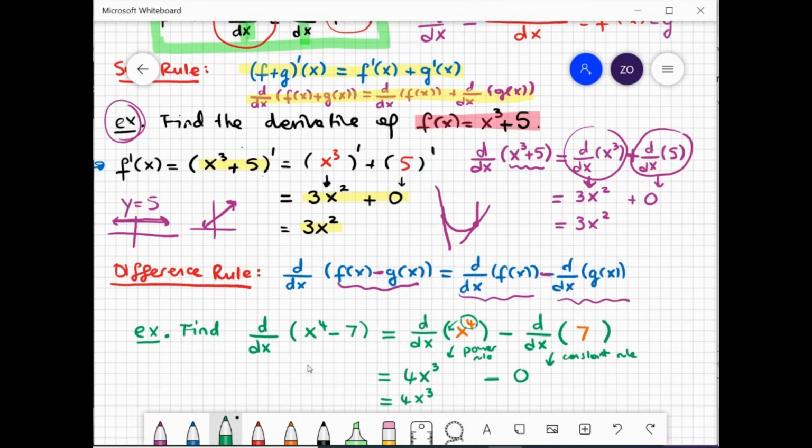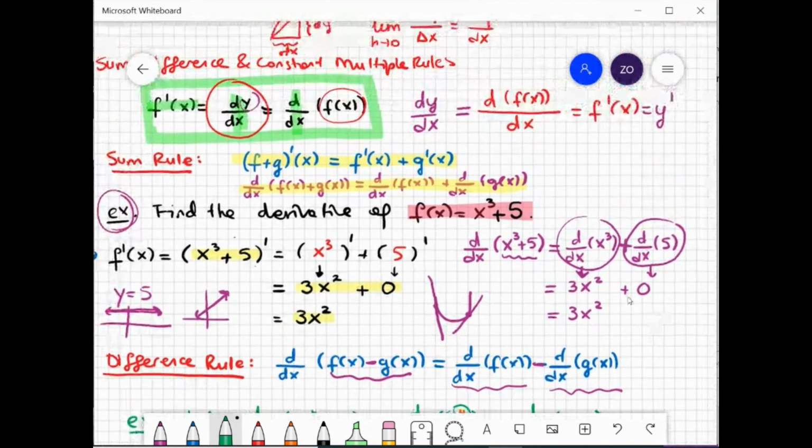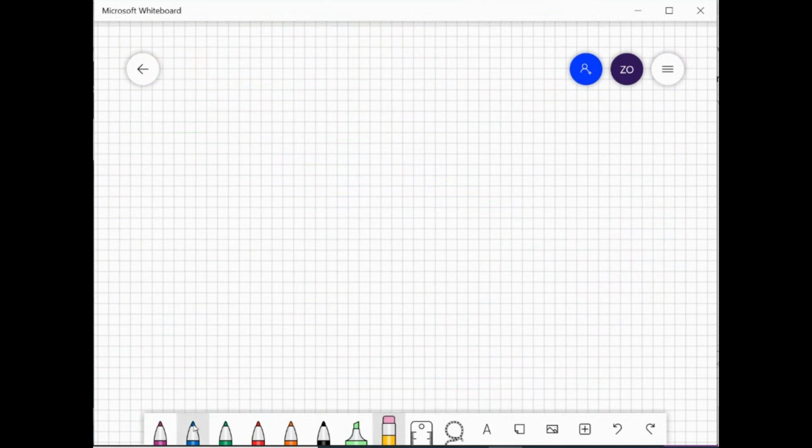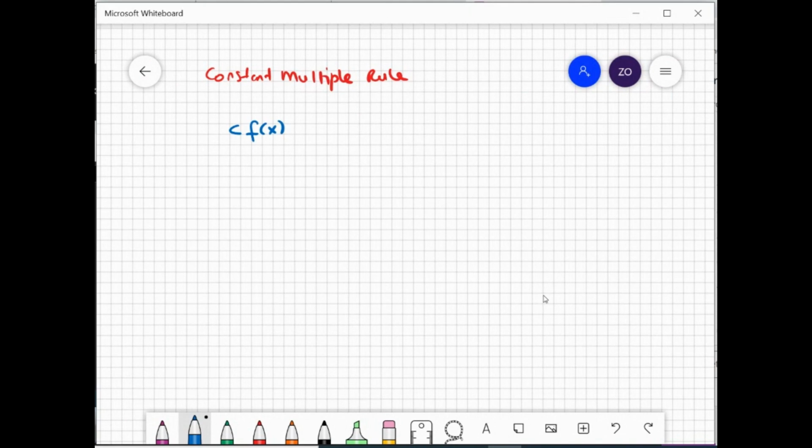Okay, in fact we can talk about all the polynomials, but we should first talk about the constant multiple rule, which is very intuitive and simple. We have a constant multiple in front of a function. So let's say the function is x squared, and we have 5x squared, 7x squared.